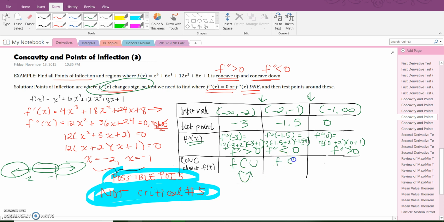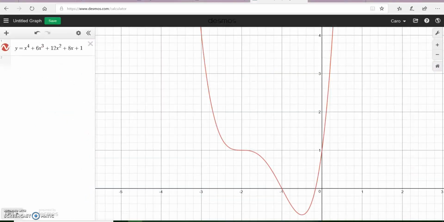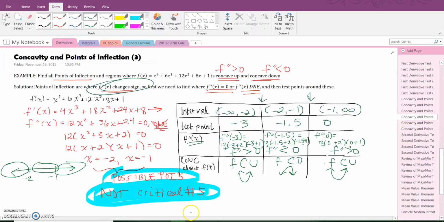Second derivative is negative, means f is concave down. Second derivative is positive, means f is concave up. And if we look at a graph, we can see negative infinity to -2, f is concave up. -2 to -1, f is in fact concave down. -1 to infinity, f is concave up. That's just confirming what we just found.